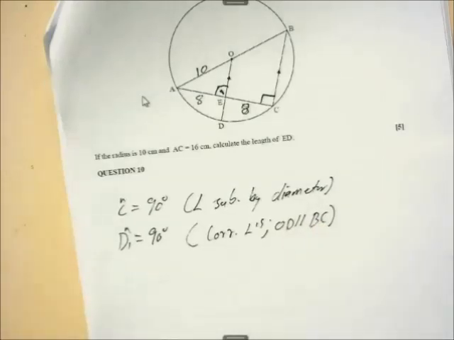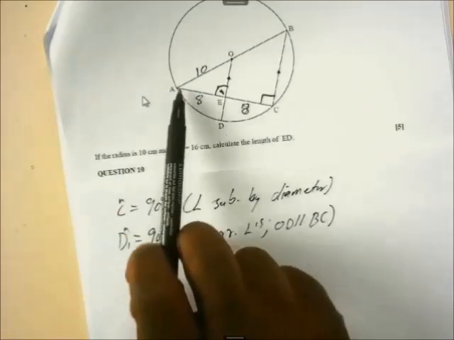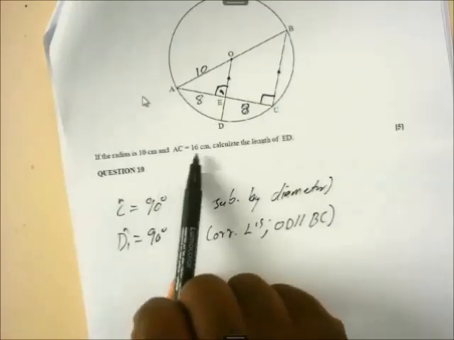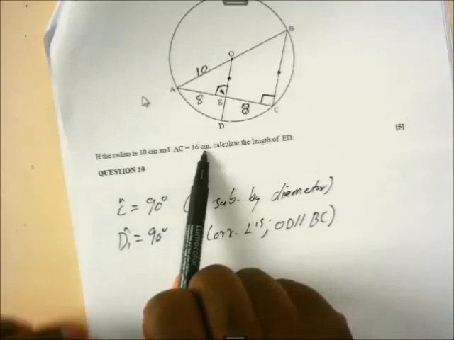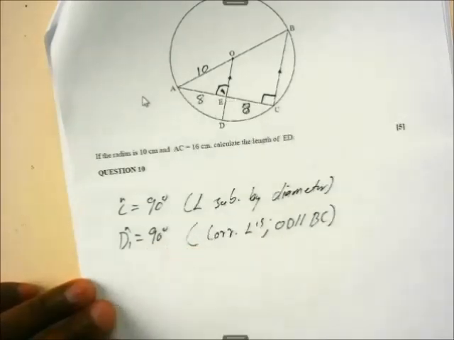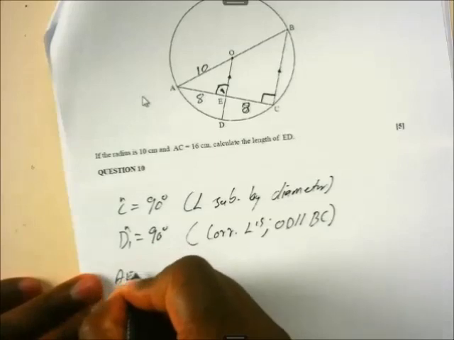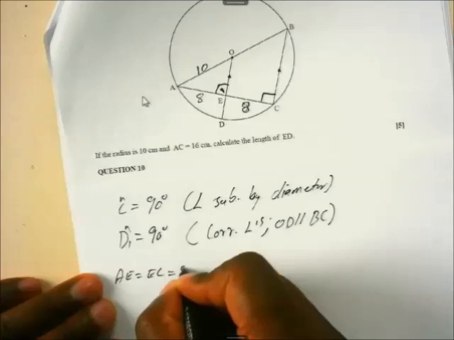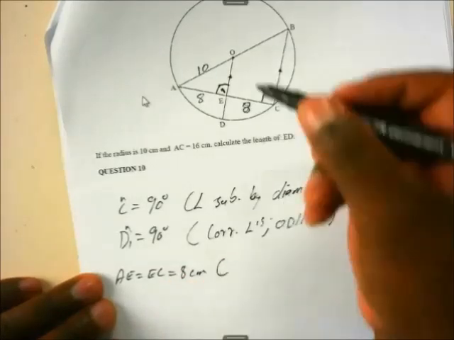Now, remember what is given. We are given that AC is 16 centimeters. So we need to provide the reason. Why do we say AE is equal to EC? Now we say AE is equal to EC, and each is equal to 8 centimeters. Why?